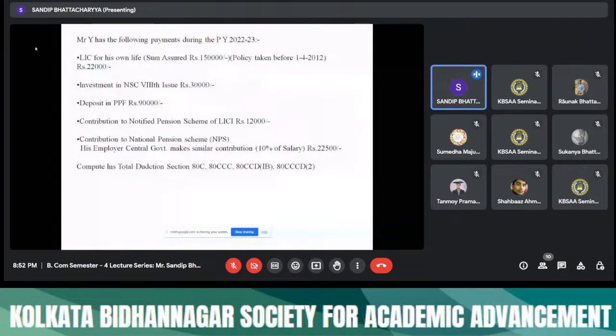See, Mr. Y has the following payments during the previous year 22-23. LIC for his own life, sum assured rupees 1,50,000, policy taken before 1/4/2012.